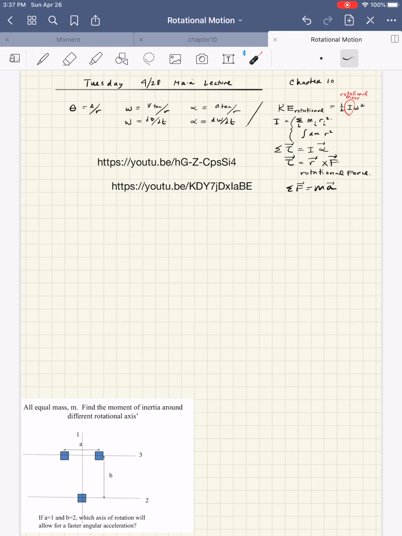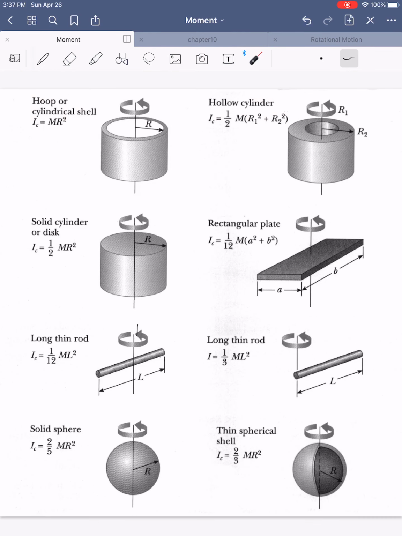And we spent some time looking at this table. So for identical masses, same mass and same radius, for example, here I have two objects, but one is a solid sphere, one is a thin sphere, and you can see the moment of inertia, 2/5 is like 0.4, 2/3 is like 0.66, is larger for the thin spherical shell, and that's because more of the mass is actually farther away, because all of this is hollow in here.